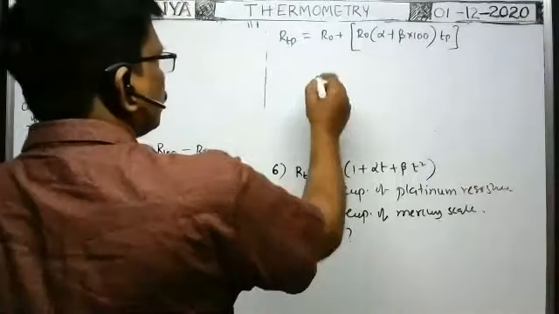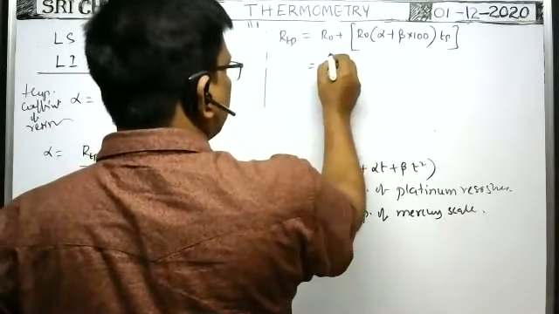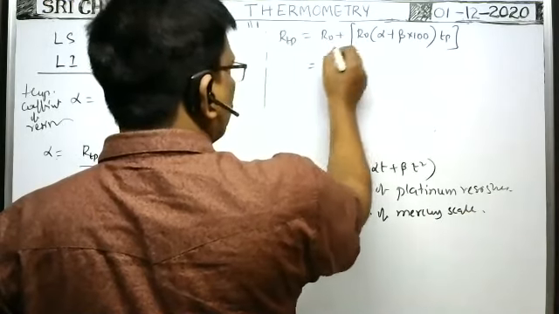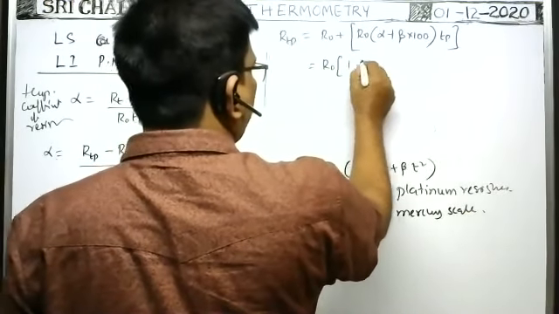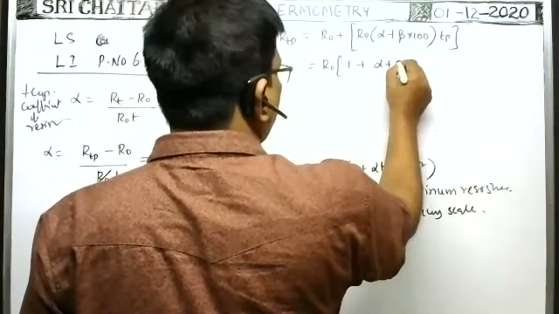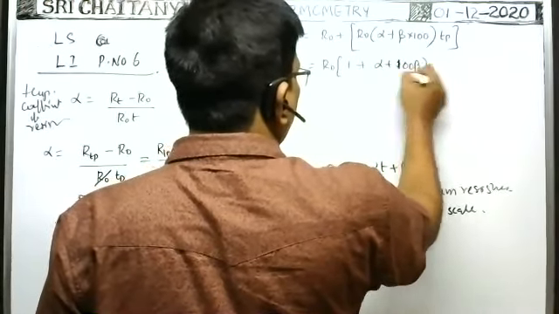Okay, this is equal to, you take R0 common, R0 of 1 plus alpha plus 100 beta, into TP.